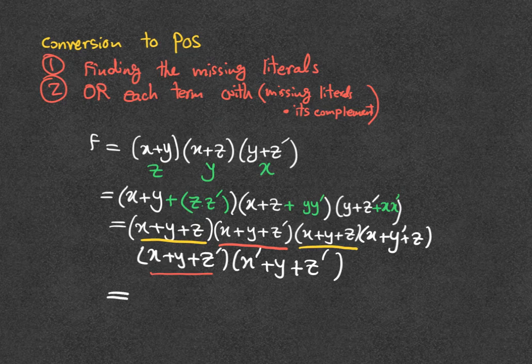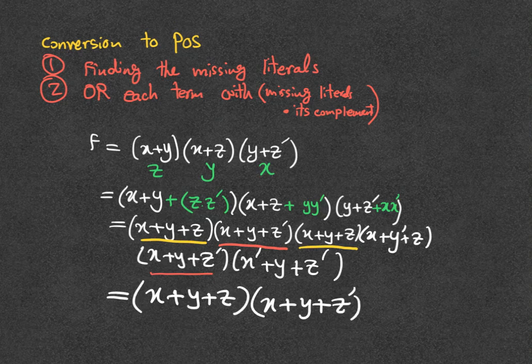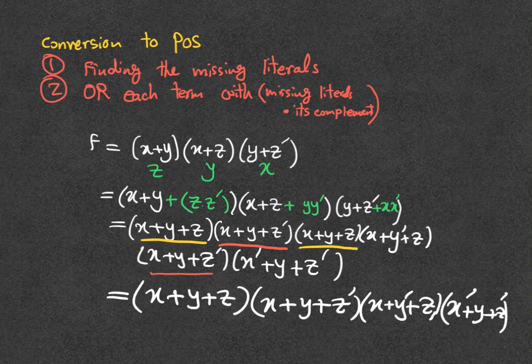So you have X plus Y plus Z, X plus Y plus Z prime, X plus Y prime plus Z, and X prime plus Y plus Z prime. So that's how you convert that function F to the POS.